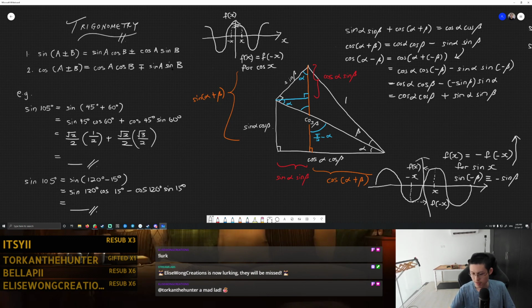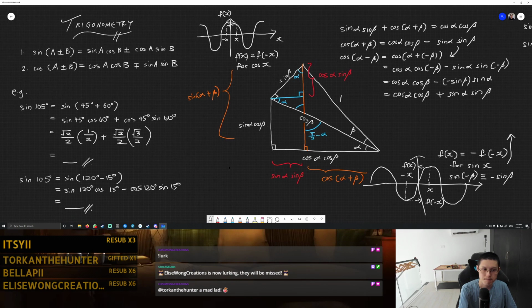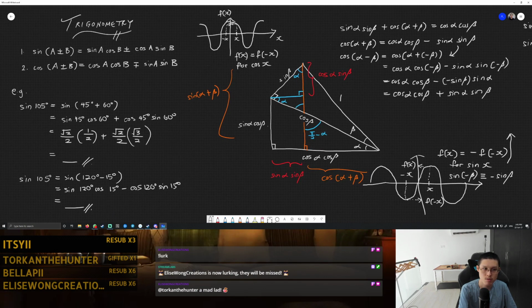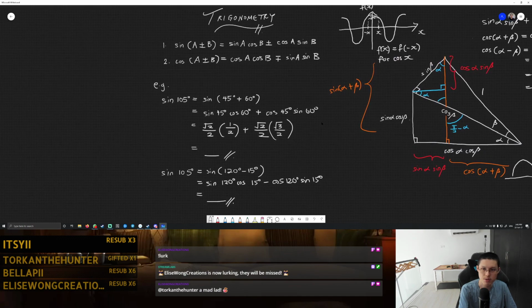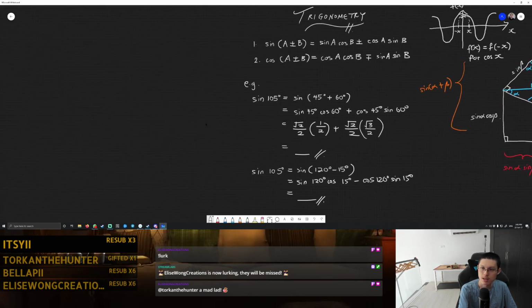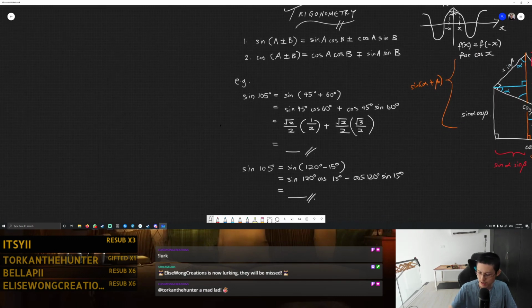Right, next up, what are we going to do? We're going to look at the different double angle formulas. Okay, actually, you know what? Maybe I'll do one more example on cosine because we haven't done an example for cosine. Just for completionist's sake, we'll do one for cosine as well.